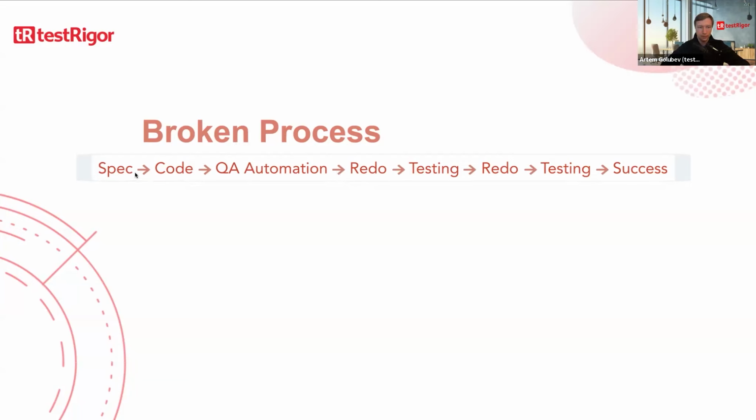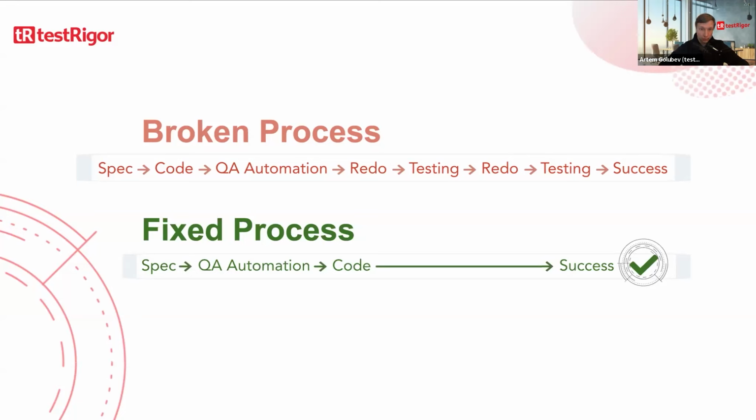Imagine that you can fix it. Imagine that your QA automation engineers can write QA automation based on the specification before engineers write the code. What would that mean?